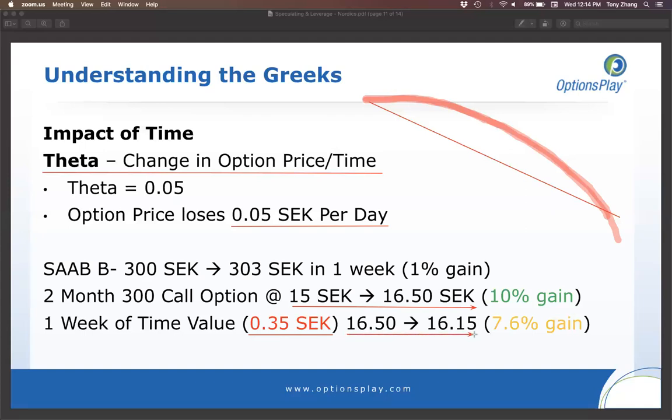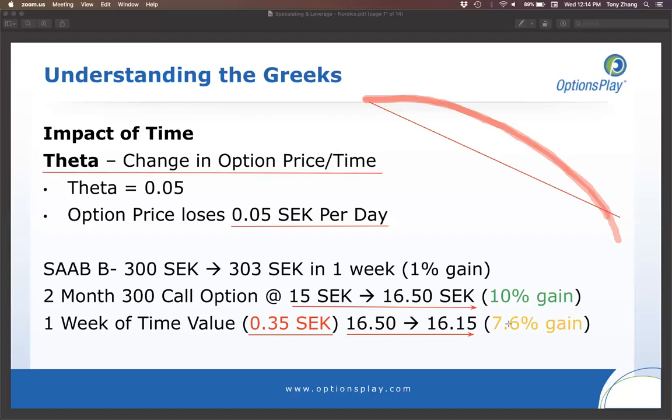So now the total gain, instead of being a 10% gain, is only a 7.6% gain, because yes, the stock moved in our favor, which is good for the value of our option, but a bit of time went by, which erodes our option.